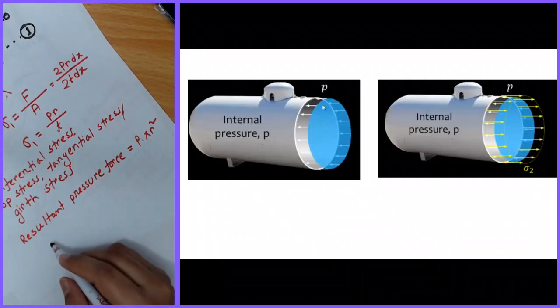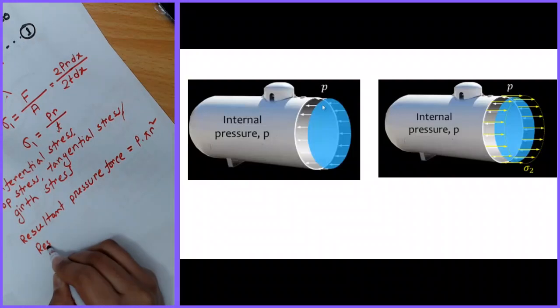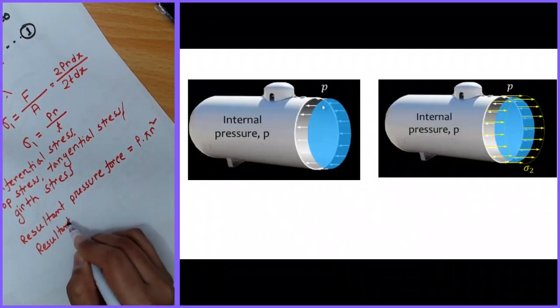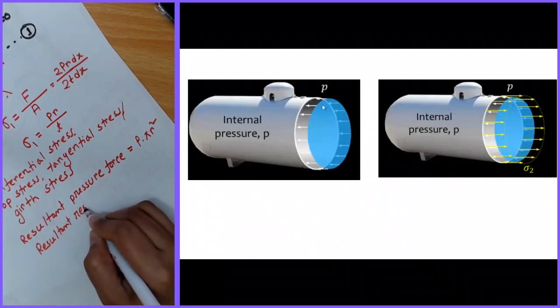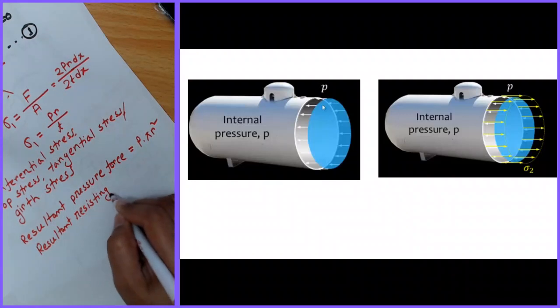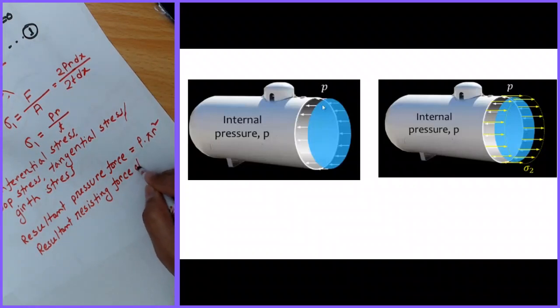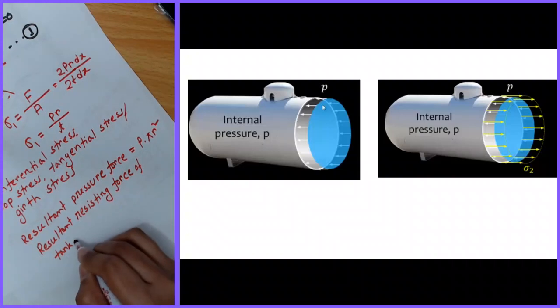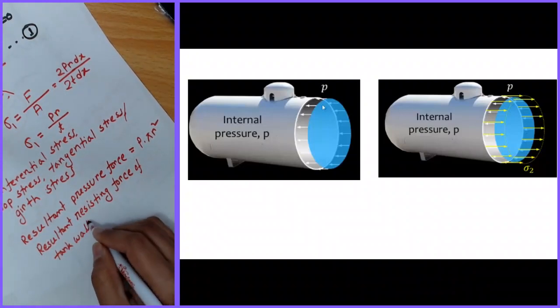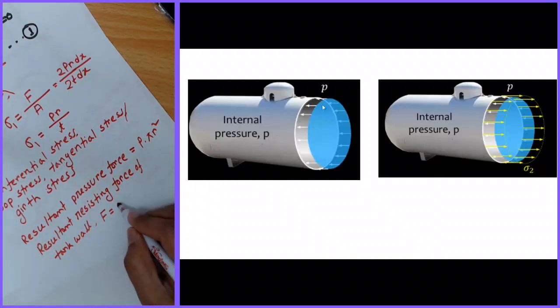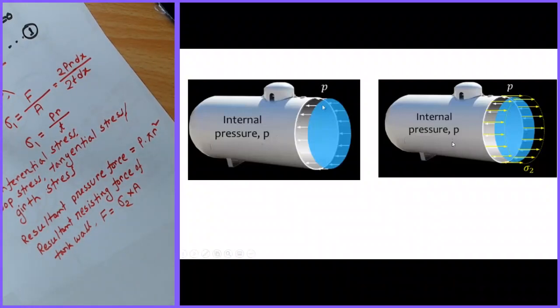Now because of this pressure there is a resisting force, and this force is sigma 2 multiplied by A. And remember, sigma 2 is the reactionary stress due to this pressure.